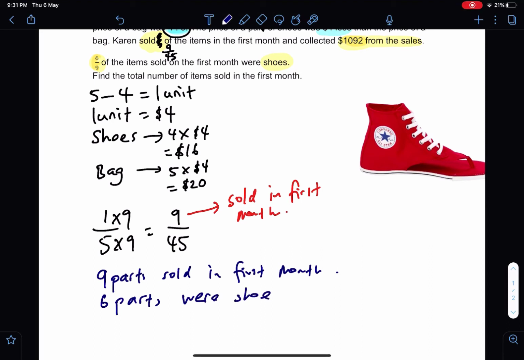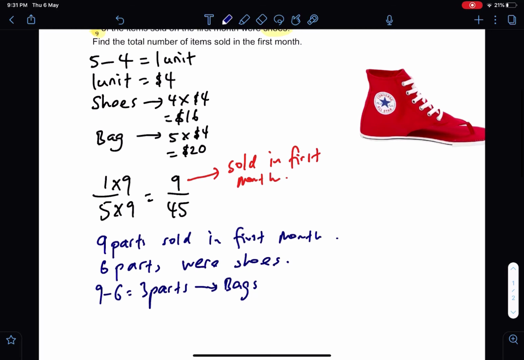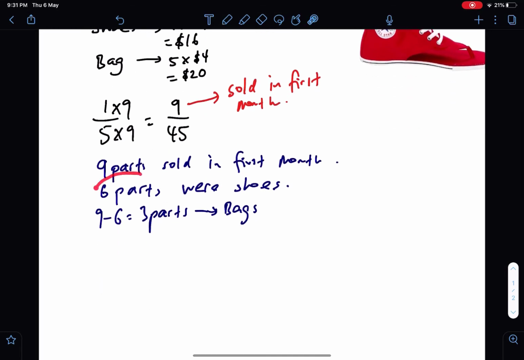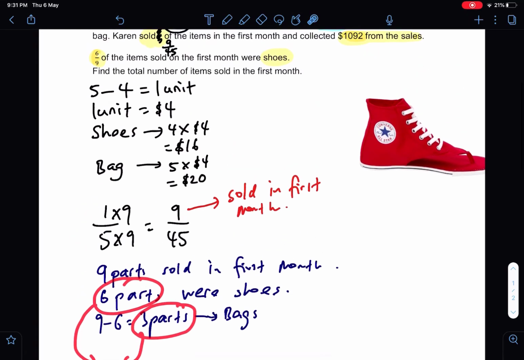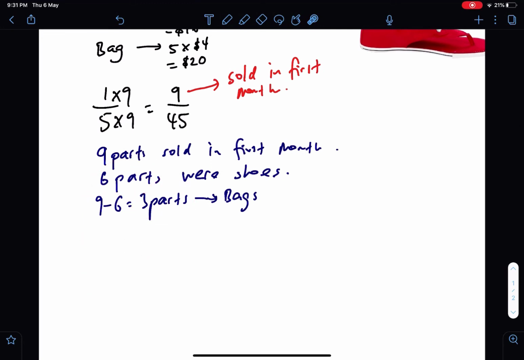Since she only sells shoes and bags, 9 minus 6, which is 3 parts, will be for the bags. These 6 and 3 parts will give you $1,092 of sales.